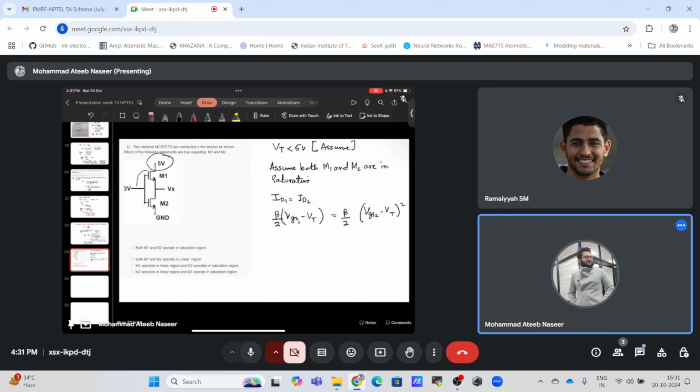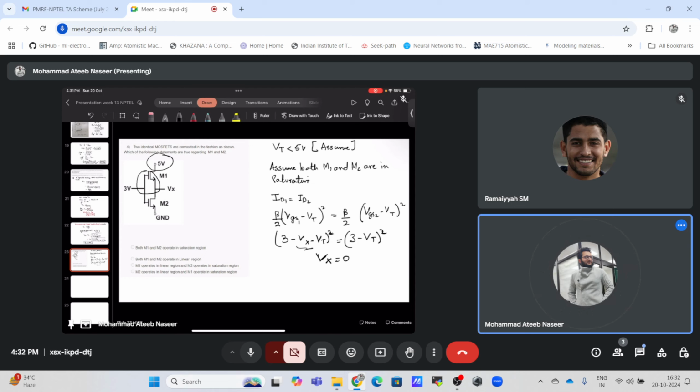VGS1 is simply 3 minus Vx, so (3 minus Vx minus Vt) whole square is equal to (3 minus Vt) whole square, since VGS2 is 3 minus Vt. So this is only possible when Vx is equal to 0.